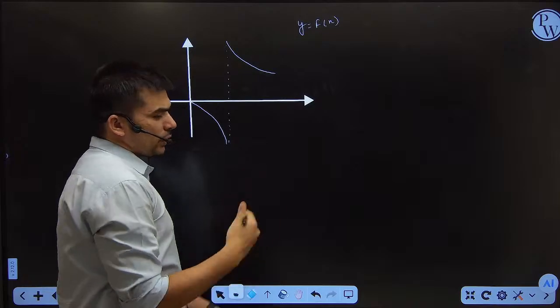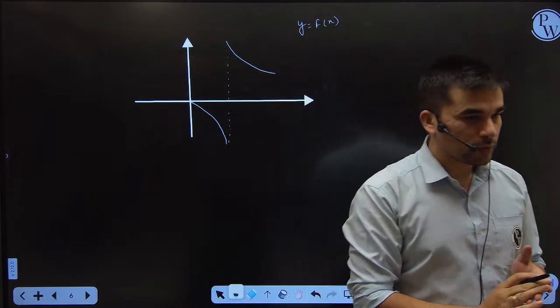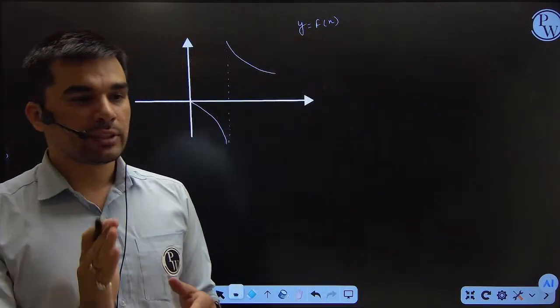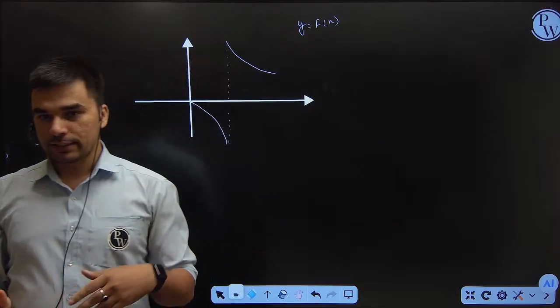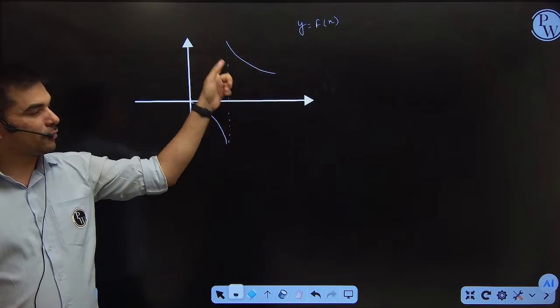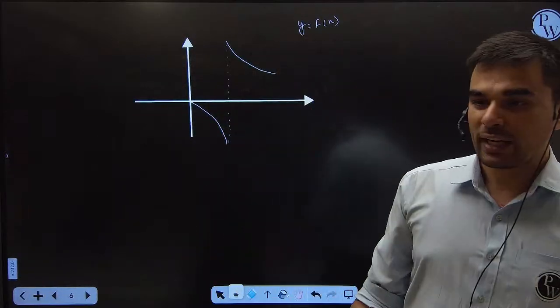What you did was you had y as a function of x. Any equation can be given to you. In order to plot the graph, the first principle says that we have to put different values of x, plot all those values on the xy plane, and after that join all those points to get the graph. That is the first principle of drawing any graph.